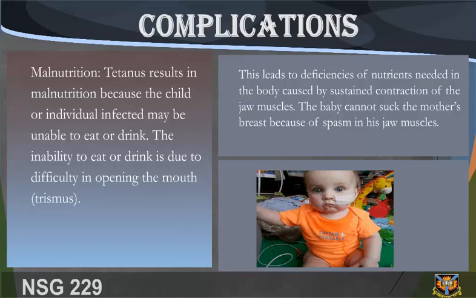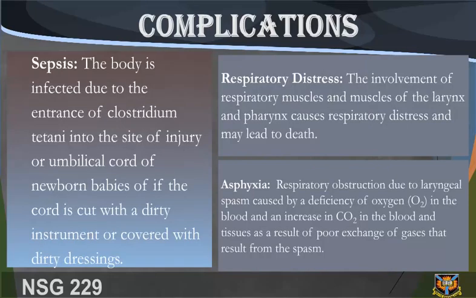The baby cannot suck the mother's breast because of spasm in the jaw muscles. Sepsis. The body is infected due to the entrance of Clostridium tetani into the site of injury or umbilical cord of newborn babies, or if the cord is cut with a dirty instrument or covered with dirty dressings.